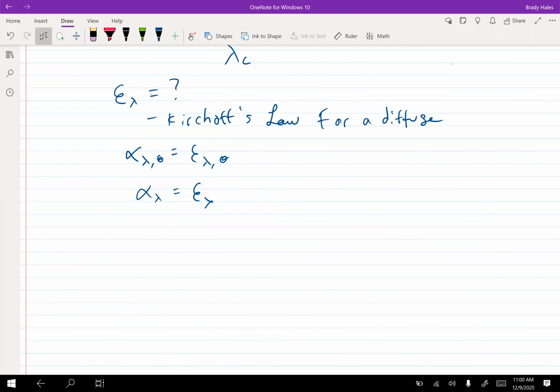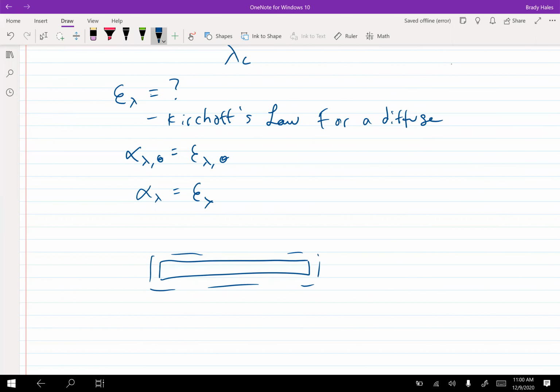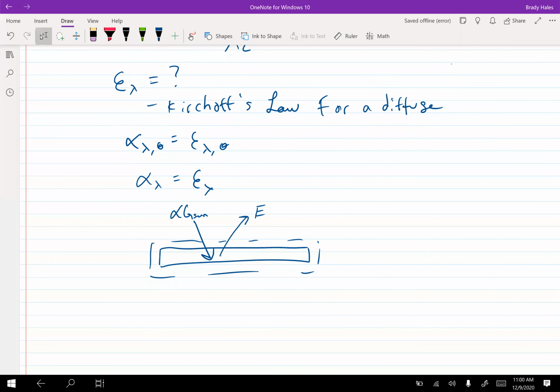Because if you remember, you have your absorber plate here, right? So this is our control volume. You have some alpha G sun coming in, right? And this is not complete, because I'm just focusing on radiation right now. And you will have emissive power coming out, right?